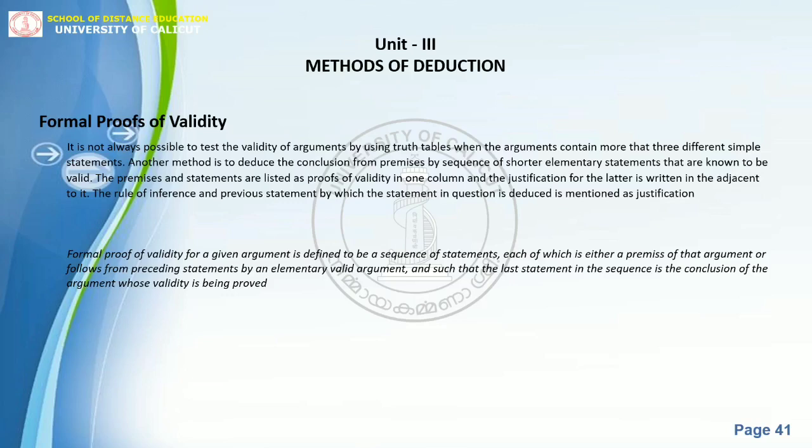The formal proof of validity of a given argument is defined to be a sequence of statements, each of which is either a premise of that argument or follows from the preceding statements by an elementary valid argument, and such that the last statement in the sequence is the conclusion of the argument whose validity is being proved. So let's check.